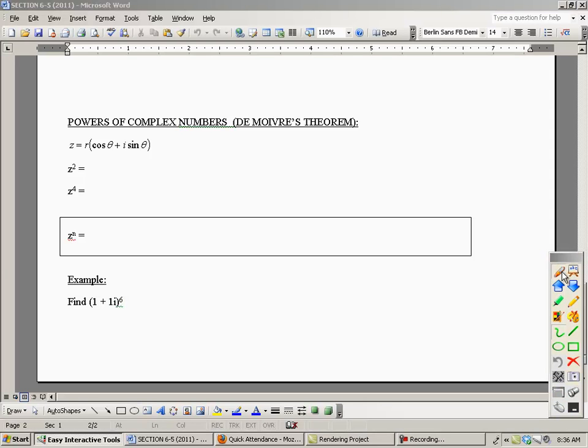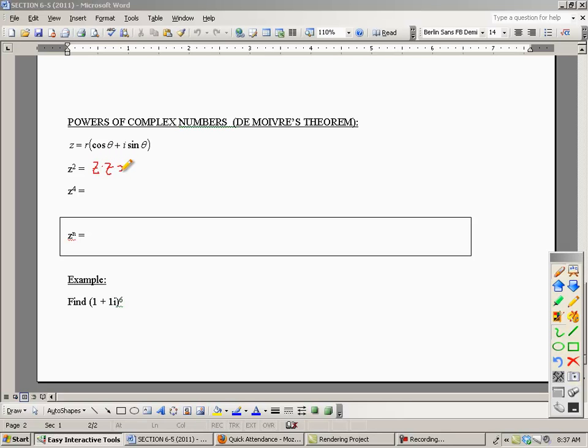And if you look, we know that one complex number z is r times the cosine of theta plus i times the sine of theta. What ends up happening is if I took z squared, which is just z times z, let me show you what happens.